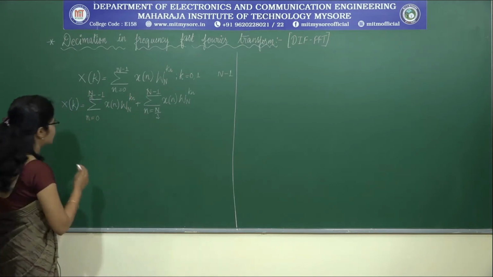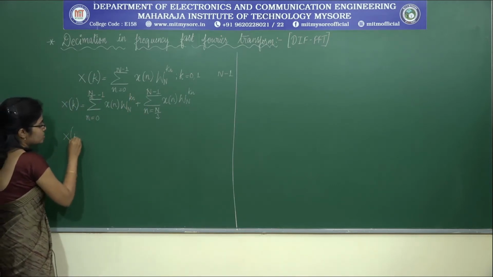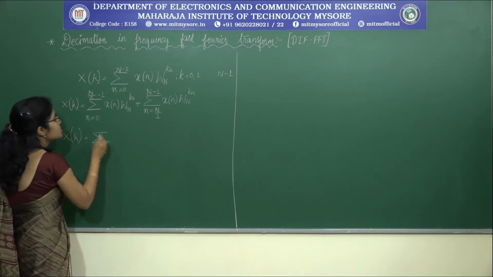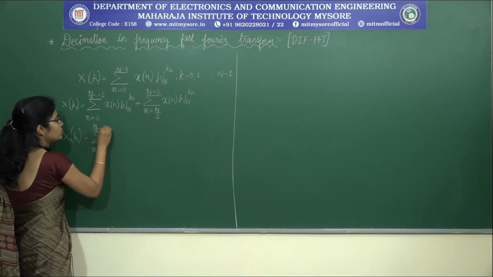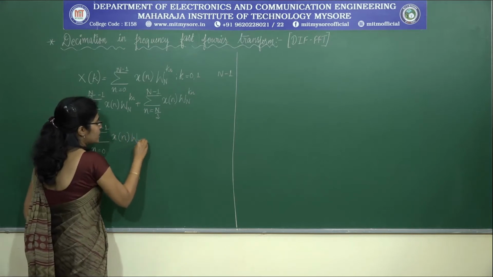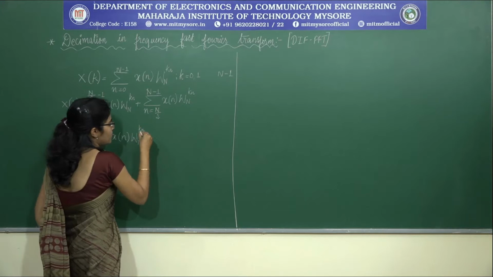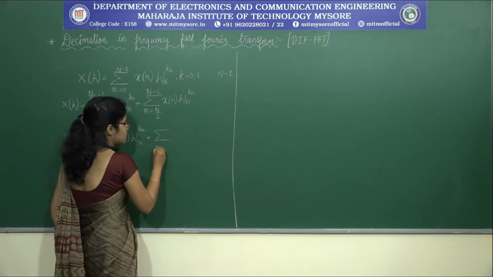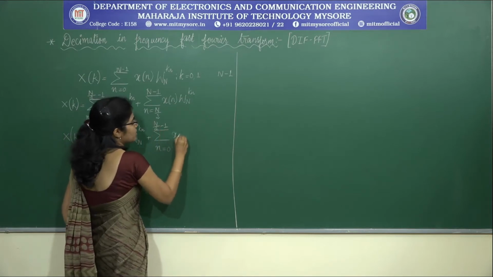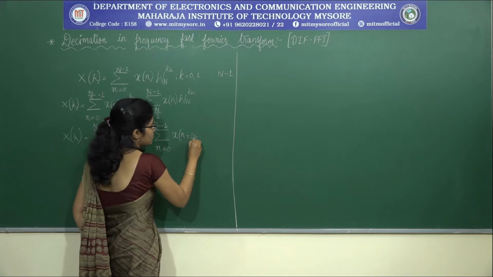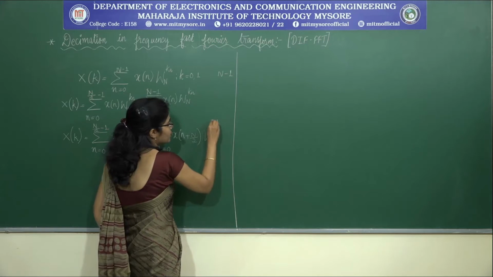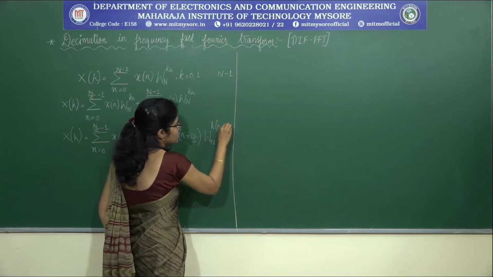So if I write the equation directly, I can write it as X of k is equal to summation n ranges from 0 to N by 2 minus 1 x of n into omega N to the power of kn, plus summation n ranges from 0 to N by 2 minus 1 x of n plus N by 2 into omega N to the power of k into (n plus N by 2).